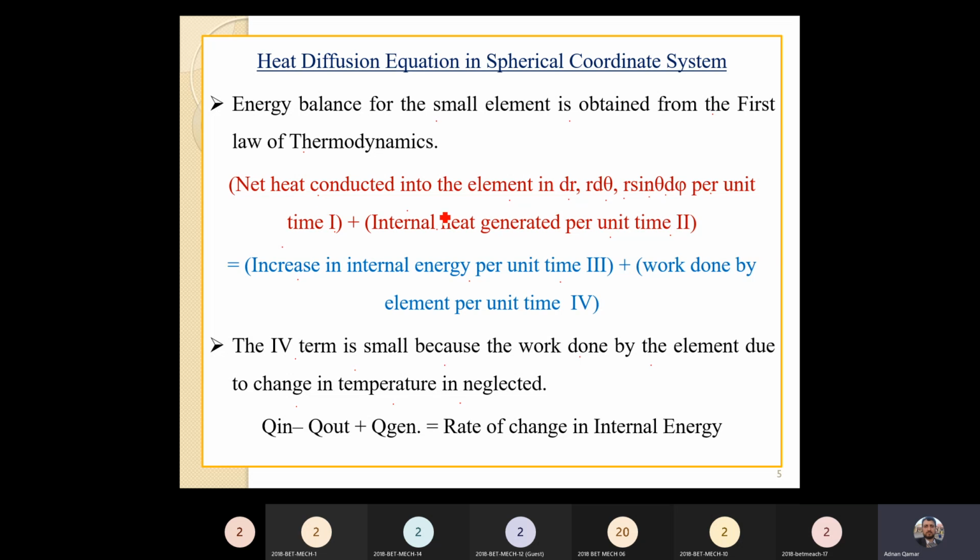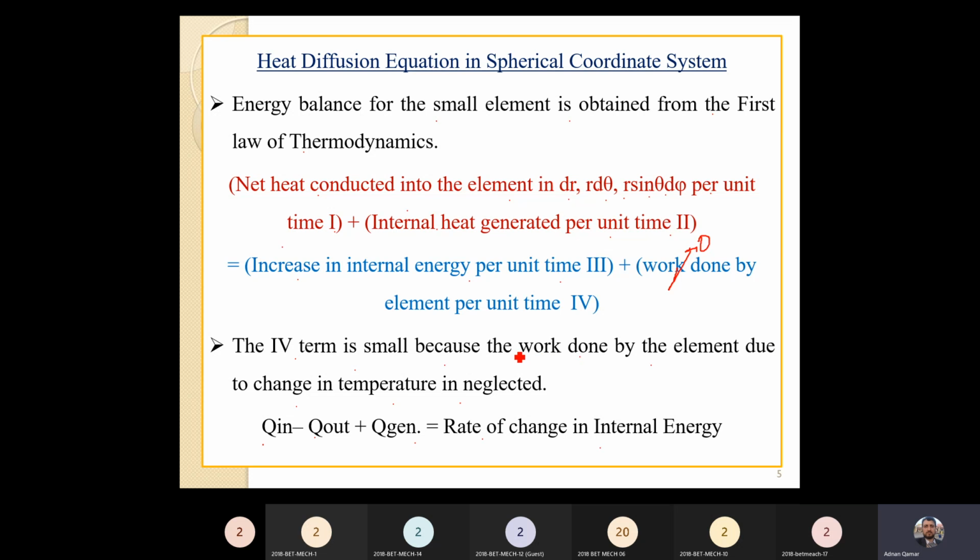So the net heat conducted into the element in all these three directions would be Q in minus Q out, plus if there is any heat generation within the system, would be equal to the rate of change in internal energy. Only this term would be left.